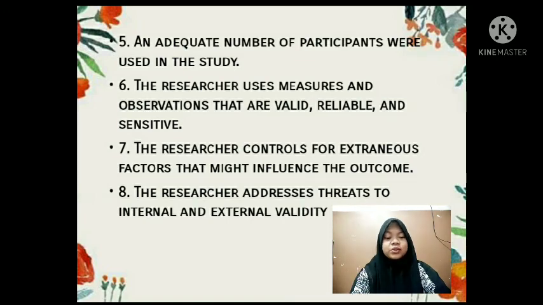History, maturation, selection, mortality, and interaction of selection and the experimental variables are all threats to the internal validity, while for the external validity, selection bias, history, experimenter effect, Hawthorne effect, testing effect, aptitude, treatment, and the situation effect are the threats.